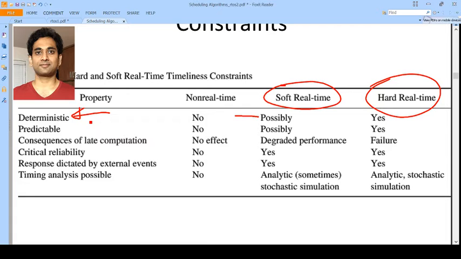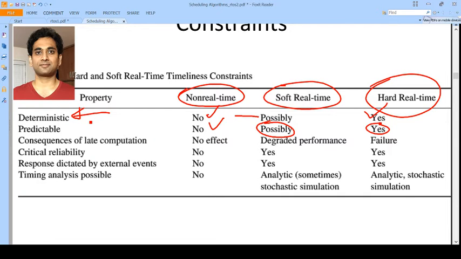But a hard real-time system is very deterministic in the sense that we as designers are able to predict its timeliness, its timing behavior. So a hard real-time system is very deterministic and is very predictable as well. But a soft real-time system may or may not be predictable, but a non-real-time system is not predictable or not deterministic at all.